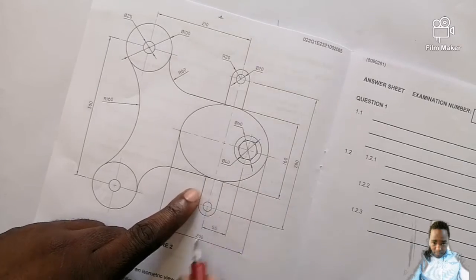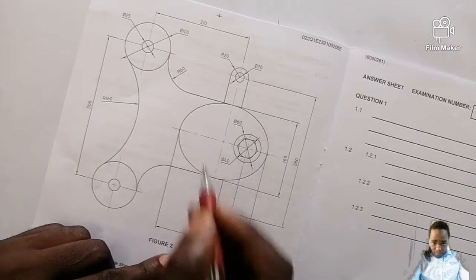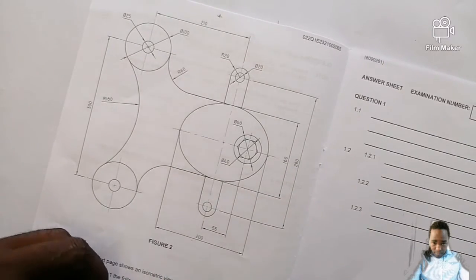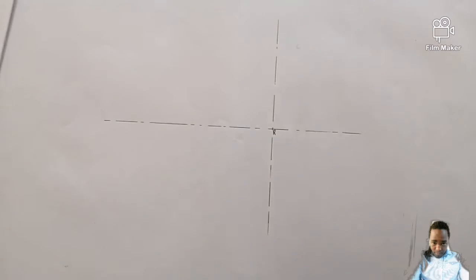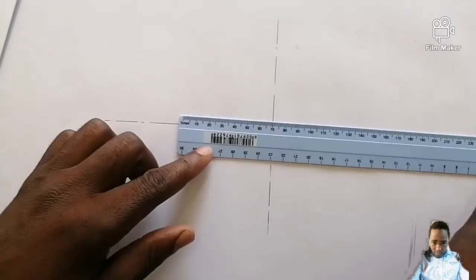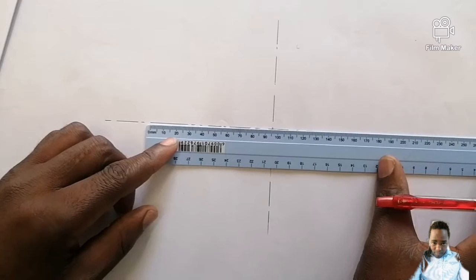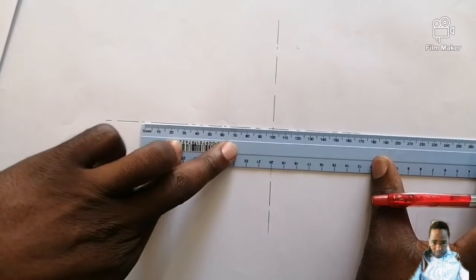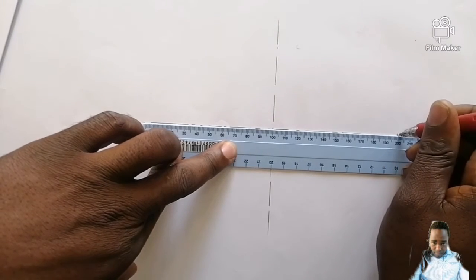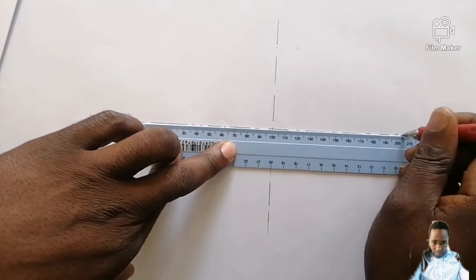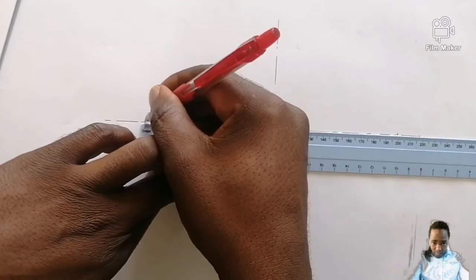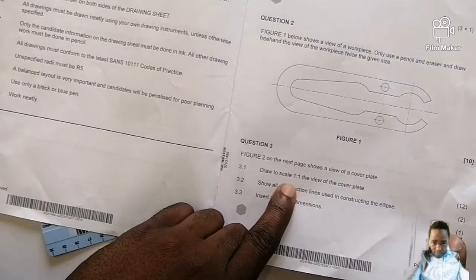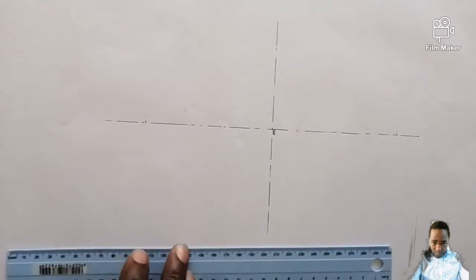From here till there is half of 200, and from here till there is half of 200, so that from there till there is 200. Scale 1:1, remember? What we are about to draw is going to be very big.